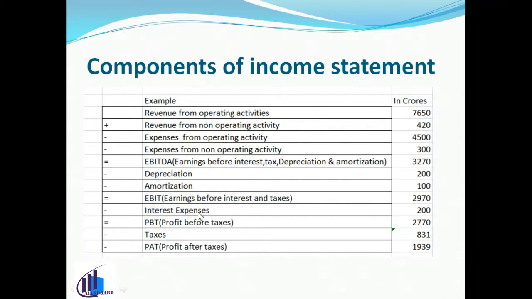They arrive at earnings before interest and taxes. Let's say they pay interest of 200 crores, and then they arrive at a profit before tax of 2770 crores, and then they pay a tax of 831 crores, and then they end up having a profit of 1939 crores. So this is the earning which the company ACS has got in the previous accounting period.